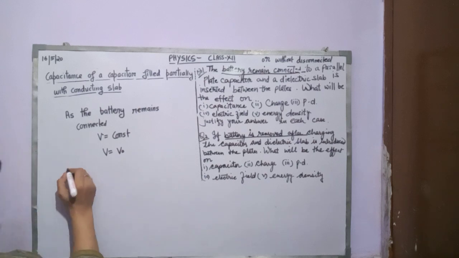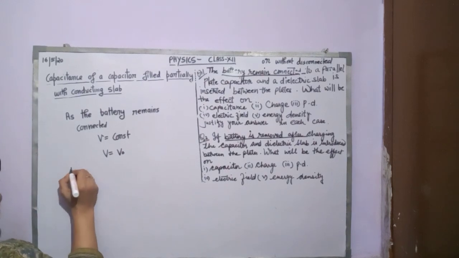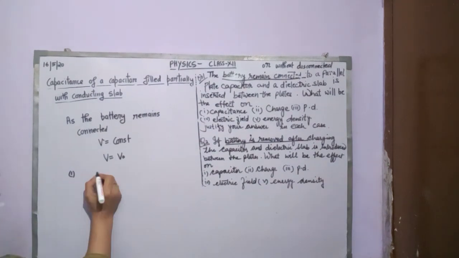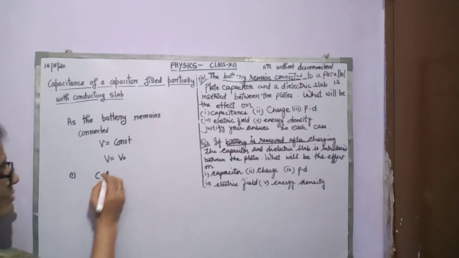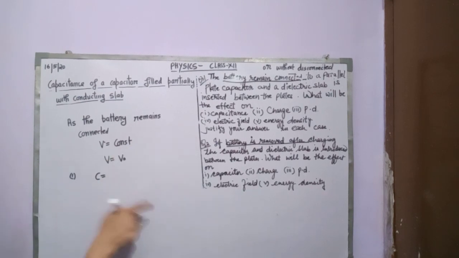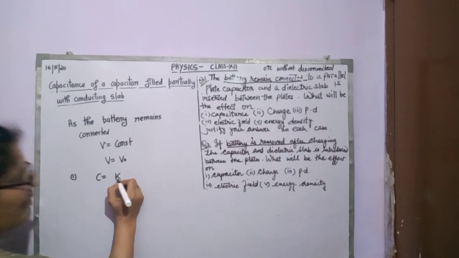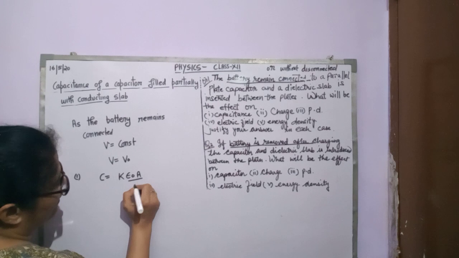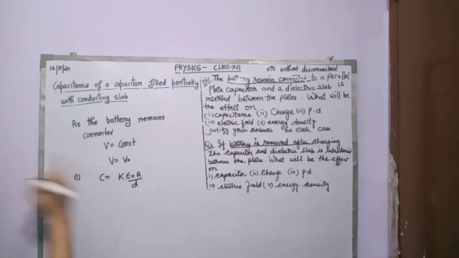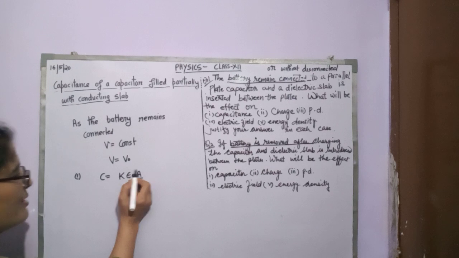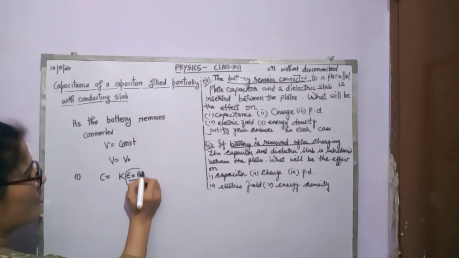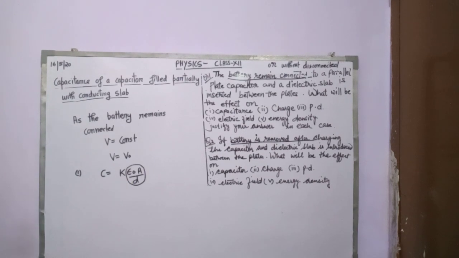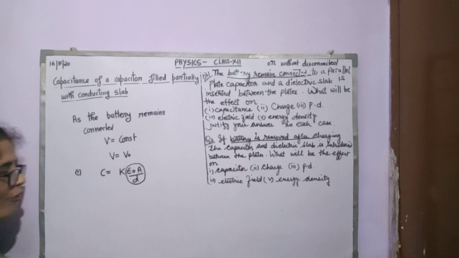Now the first part is capacitance. Suppose now the capacitance becomes C, and you know what is the relation between C and C naught when the dielectric slab is inserted between the plates. K is the dielectric constant of the dielectric slab. C naught is epsilon naught A upon d. This is the relation which we have derived previously. This is the capacitance of the capacitor when there is no dielectric slab, when the medium is vacuum or free space.